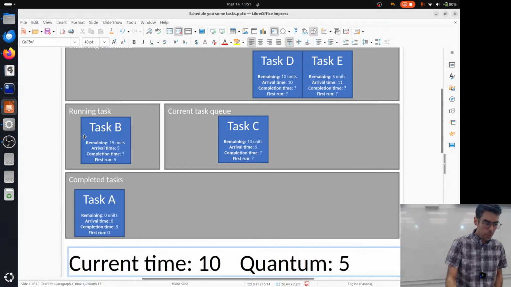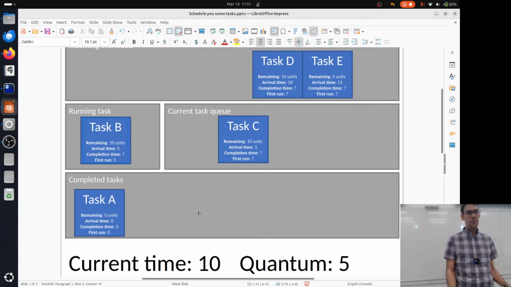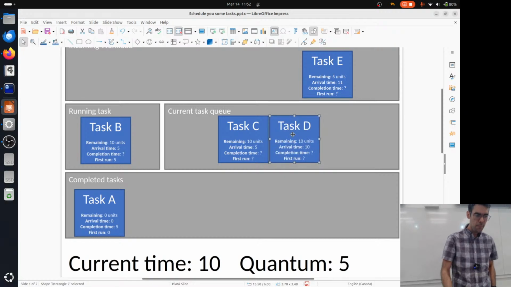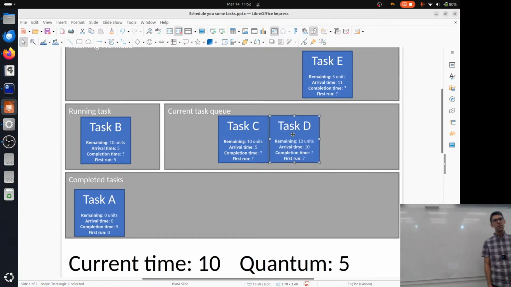Here's what I'm going to do. 5 units of time have elapsed for task B, so there's less time left for it to work on the CPU. In this instance, task D arrives here, and I'm going to stick it behind task C because it actually arrived later than task C.